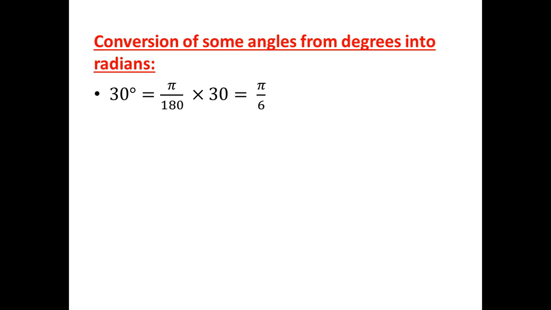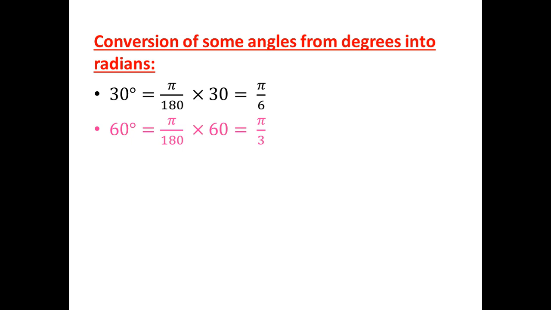Pi by 180 into 30 becomes pi by 6. So 30 degree is equal to pi by 6 radians. Next, 60 degree: pi by 180 into 60 gives pi by 3.